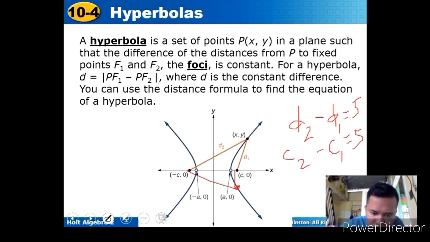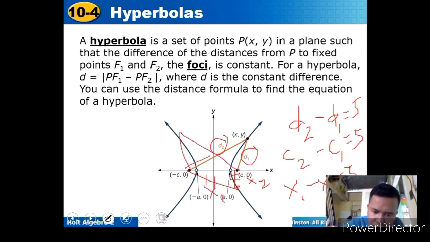So these two distances, you subtract them. For example, that is x1 and this is x2. x1 minus x2 will always be equal to 5, the same as D2 minus D1. So wherever you place the point within the hyperbola, the difference is always constant.